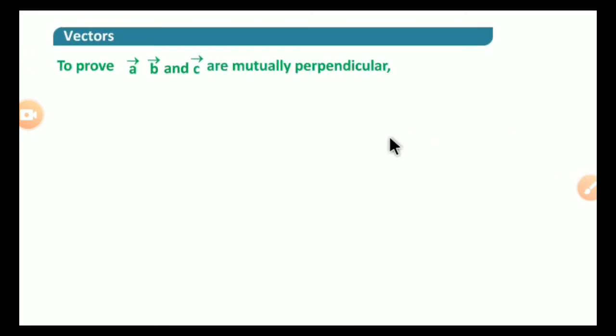Similarly, the third one, A dot C equal to 0, is what we have to prove.